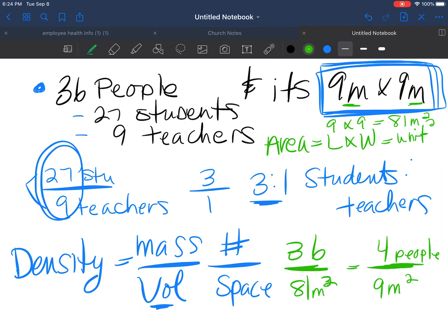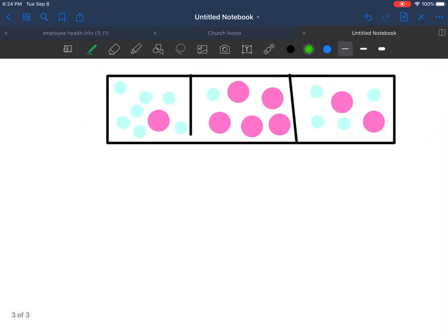Now, the first thing that we're doing is called quadrant sampling. And this is where scientists, in the field, will literally stake out an area with poles and flags and rope it off. And then they will divide it up into spaces. And then they will look and count all the organisms in that one area.